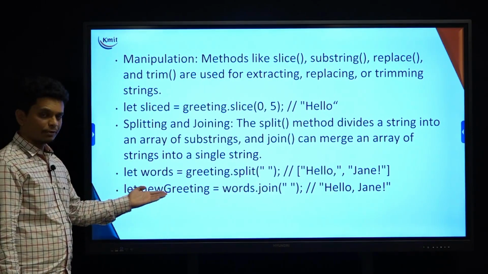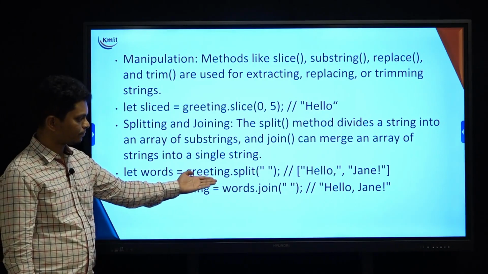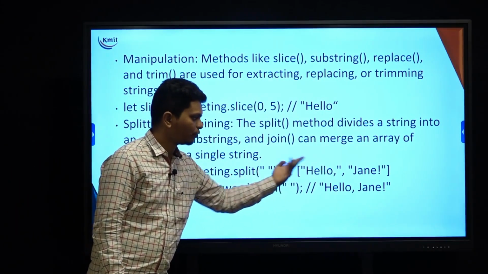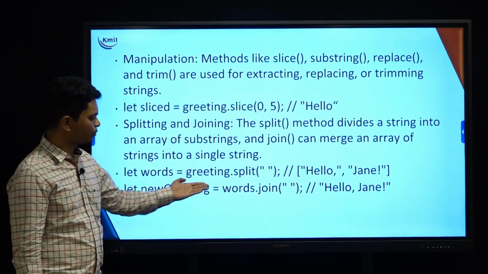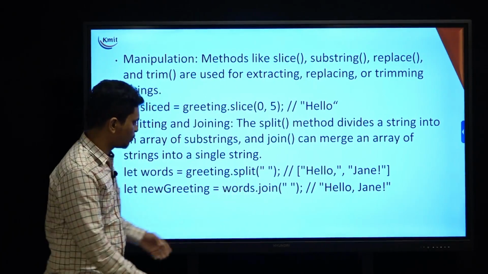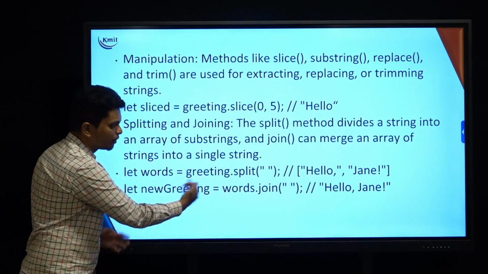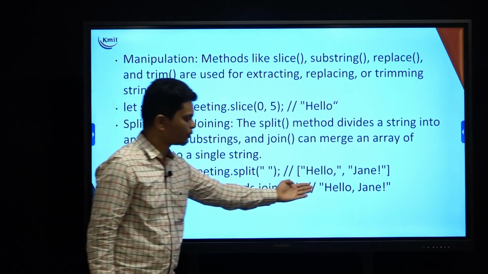Here is the example. Let words equals greeting dot split. Here, hello and Jane, we got two substrings. Then let new greeting equals words dot join. Whatever values are there in words, that is hello and Jane, will be combined. So we get the output as hello Jane.